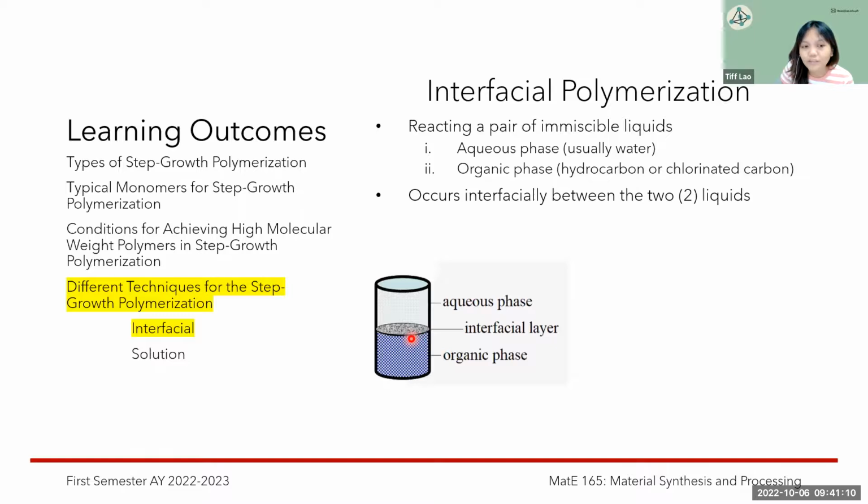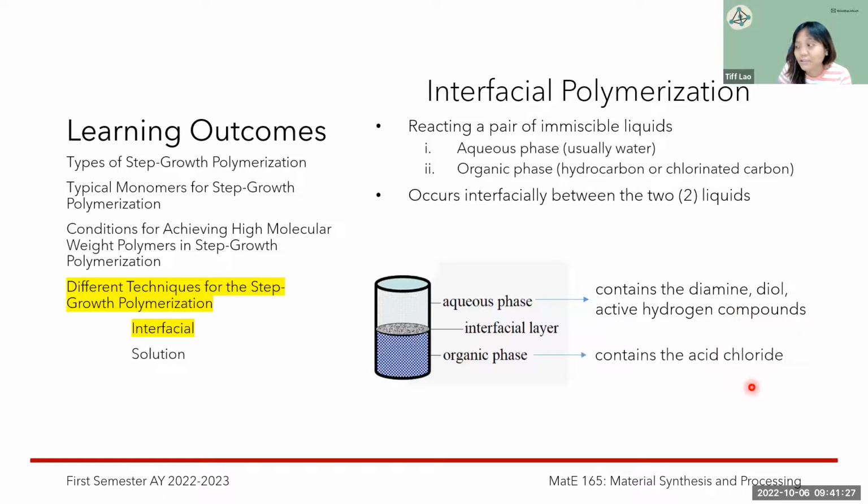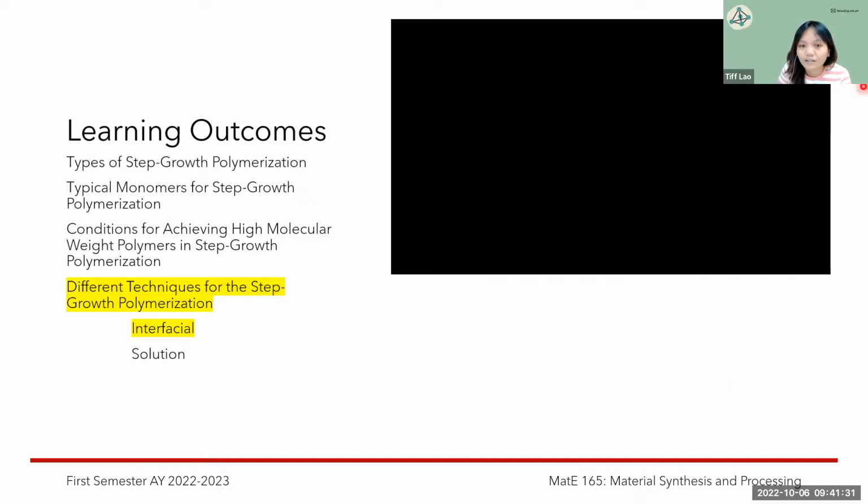Sa aqueous phase, nandito yung mga monomers na usually merong diamine, diol, active hydrogen compounds. Sa organic phase, usually may acid chloride. Okay? So example niyan, ito.